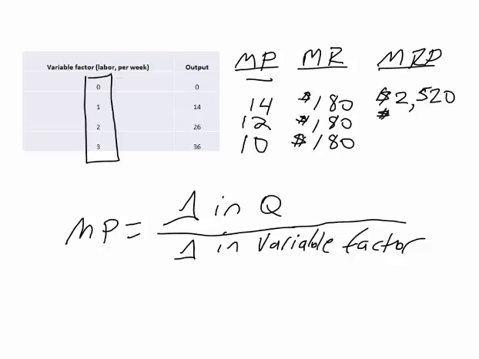At 2 units of labor, marginal revenue product is going to be $2,160. Again, the $2,160 is just 12 units times $180 per unit. And for 3 units of labor, marginal revenue product is $1,800. Using this information, we can construct the firm's demand curve for labor.